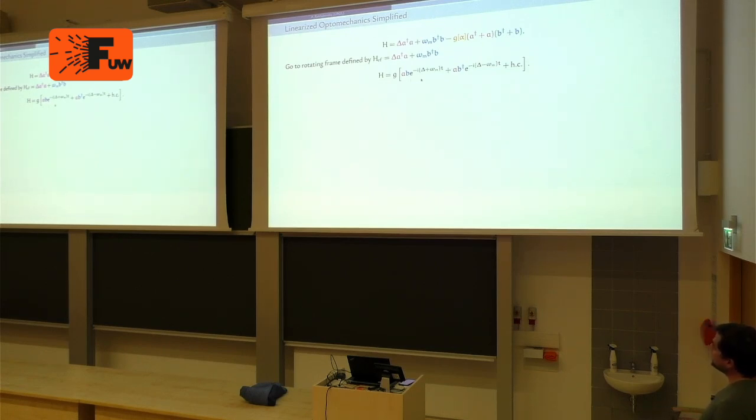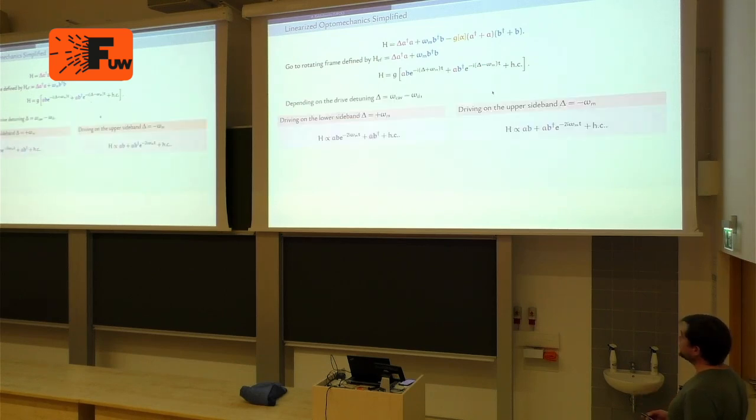In this rotating frame we have this Hamiltonian, where we can search for the terms which are fast or slow, and then depending on the tuning of the drive, if we choose one of them, we can keep only parts of the terms from this Hamiltonian. So if we drive our cavity on the lower mechanical sideband, some of the terms in the Hamiltonian are now rapidly oscillating, which we will ignore in the rotating frame, and we will keep other terms.